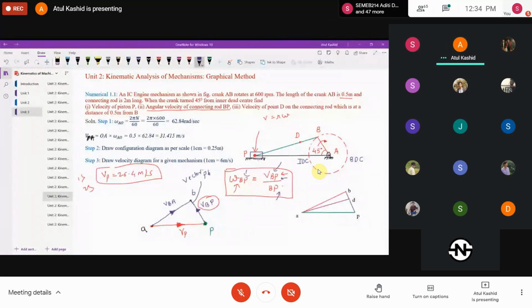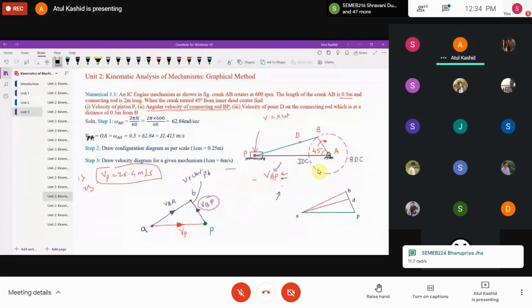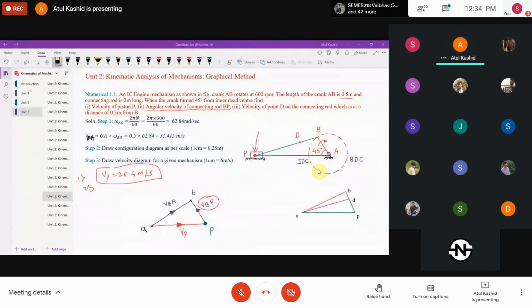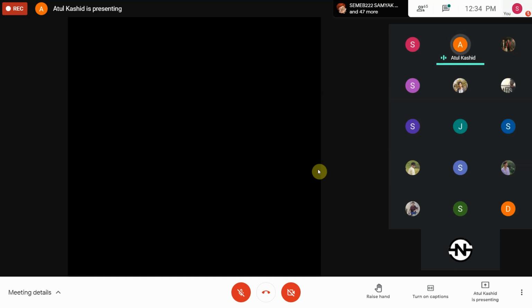Once you calculate, reply in the chat box. Reply the answer for the angular velocity of the link BP, that is the connecting rod.